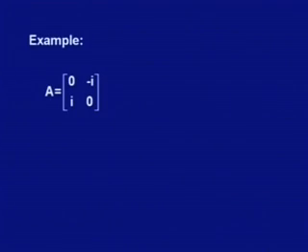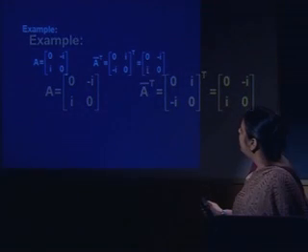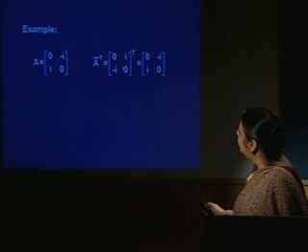Now, the example which I am considering here is a complex matrix A, a 2 by 2 matrix, 0 minus i, i 0. When we take its A bar transpose, the zeros remain 0, but for what I have done, I have first taken the conjugate.